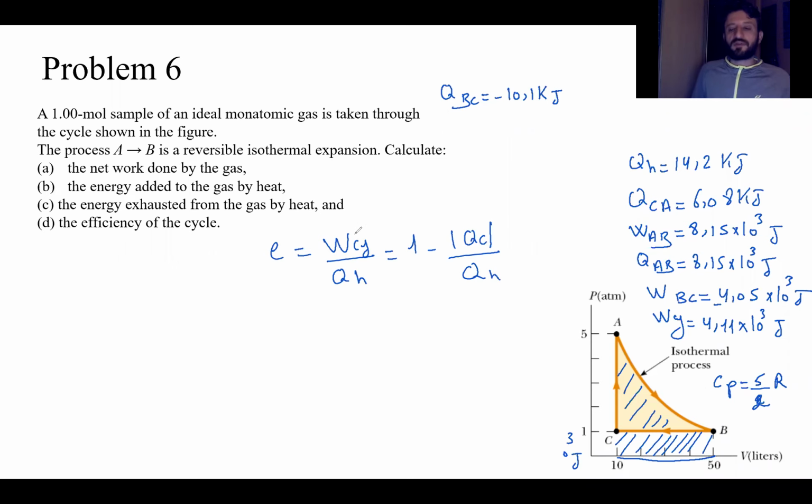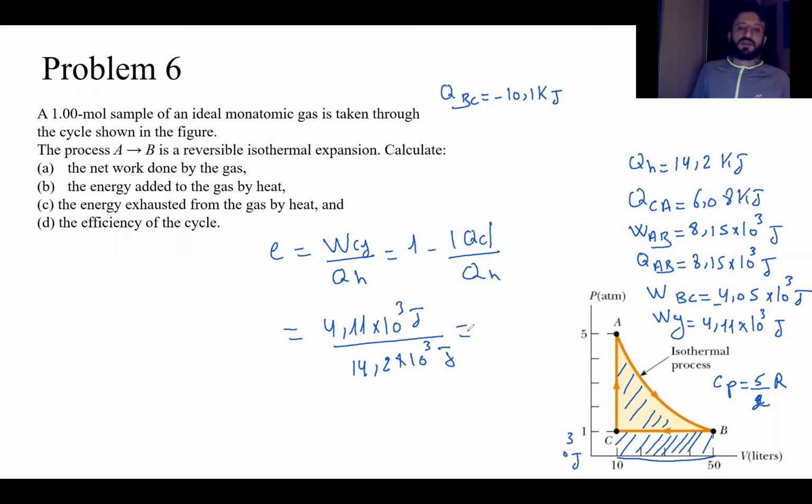We calculated already the work of the cycle, which is equal to 4.11 times 10 power 3 joule, divided by Q hat, which is equal to 14.2 times 10 power 3 joule.